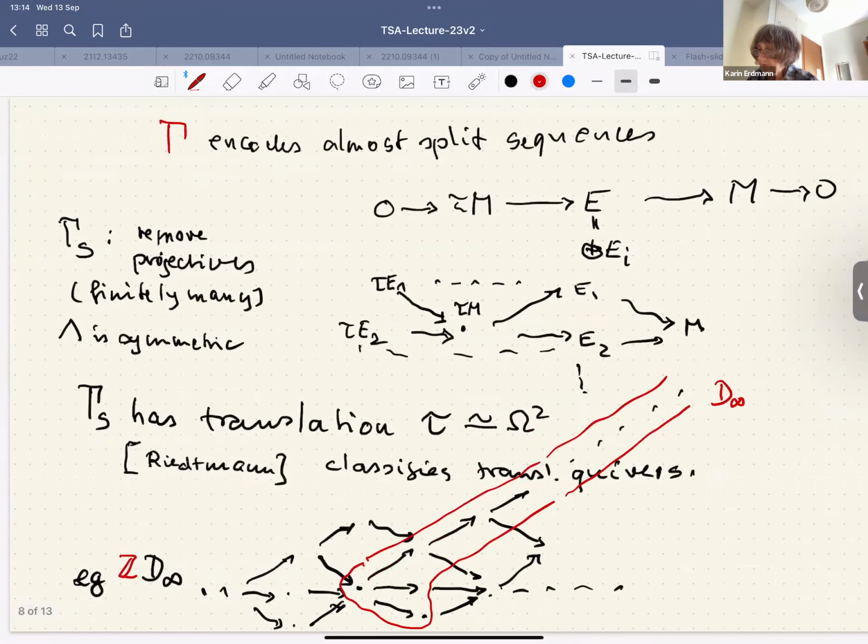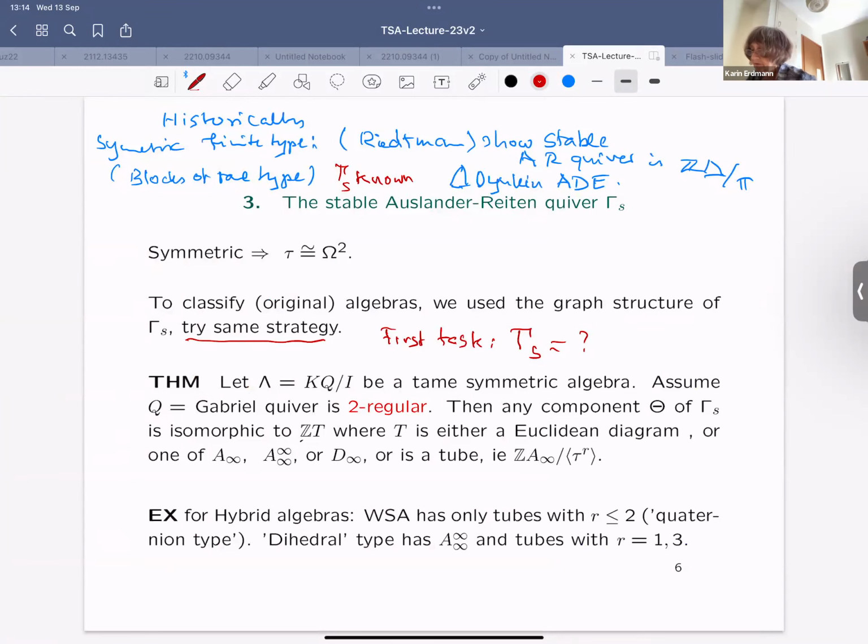Okay, so this is what occurs in the setting of tame symmetric algebras, and in examples for weighted surface algebras, these were the quaternion type. They are periodic. So it's periodic, and you get only tubes with rank at most 2, and so this would mean that omega to the 4 is the identity, because tau is omega squared.